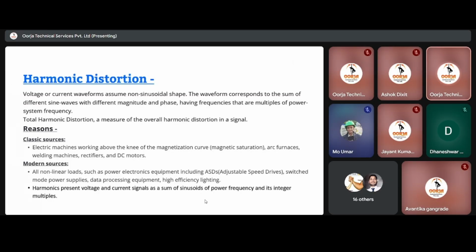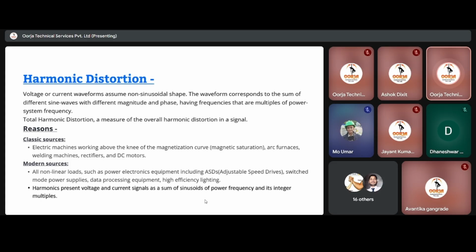Harmonic distortion. Current or voltage waveforms assume a non-sinusoidal shape. The waveform corresponds to the sum of different sine waves with different magnitude and phase, having frequencies that are multiples of the power system frequency.